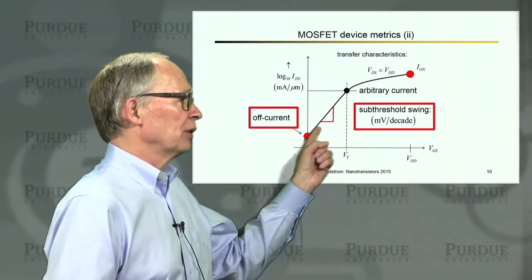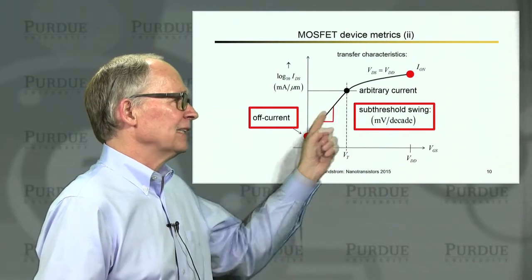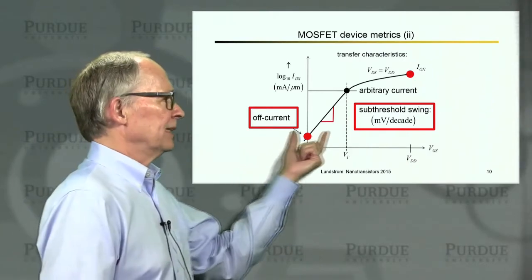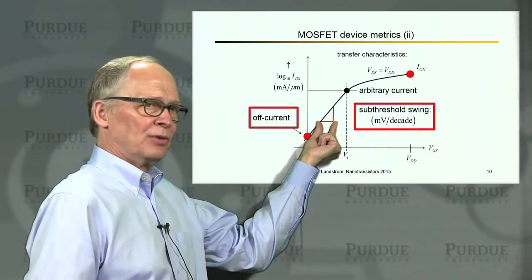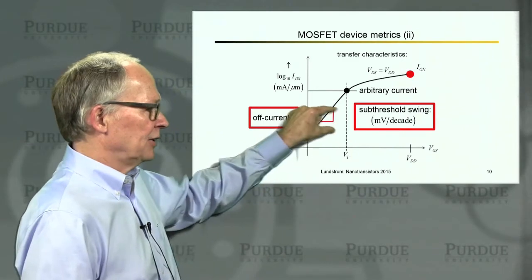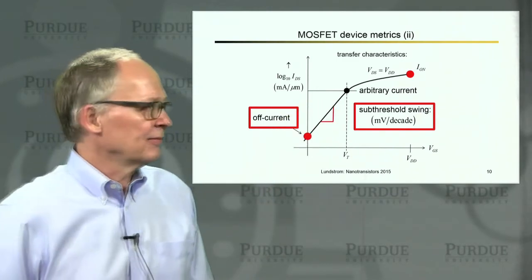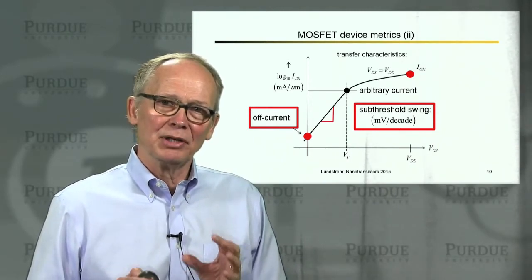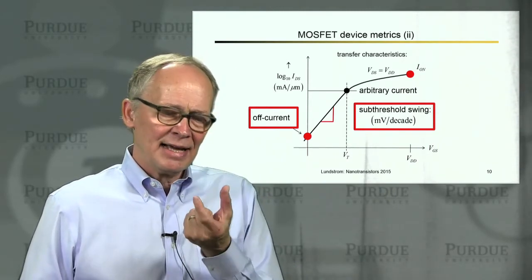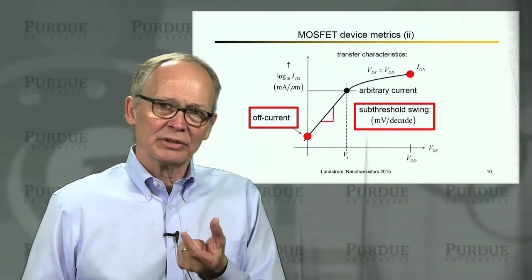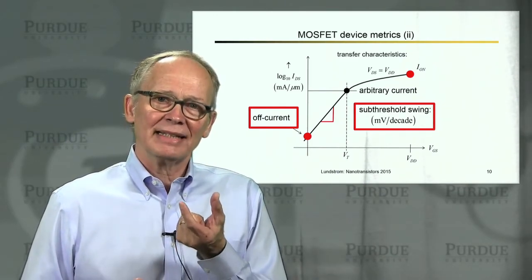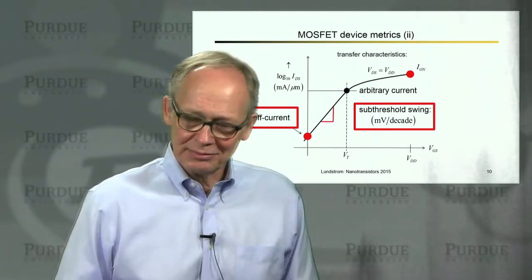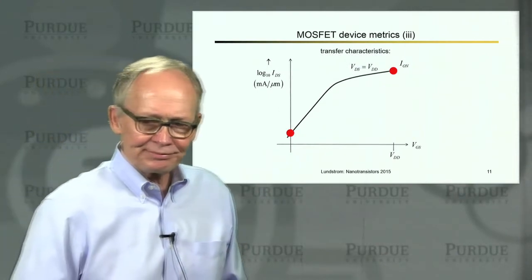If we look below threshold, where the current goes exponentially with gate voltage, a straight line on a log plot, then I can ask myself, how much change in gate voltage does it take to get a factor of 10 increase in the current? We call that the subthreshold swing, and we quote it in millivolts per decade. It means how many millivolts the gate voltage has to increase in order for me to get a factor of 10 increase in the drain current. That's the subthreshold swing, and that's a really important device metric.